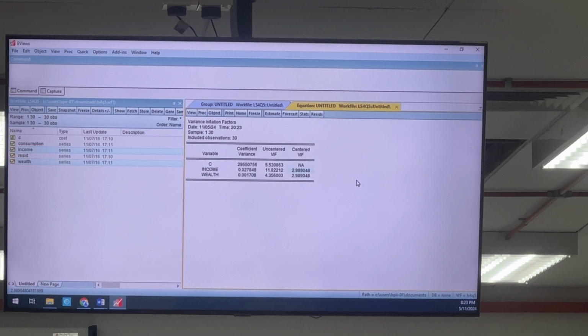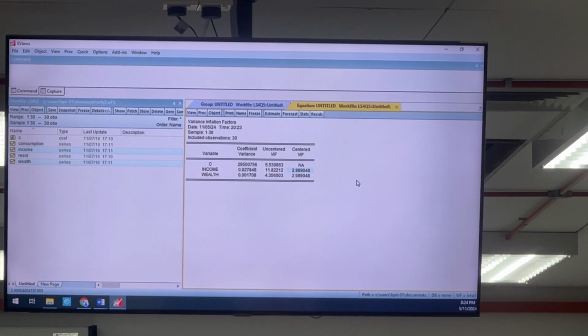We get 2.98, which is not only less than 10, but even less than 5. As I mentioned just now, some books use 5 to say whether it is serious or not serious. For some researchers, but I think we just use 10. Even the main textbook uses 10.